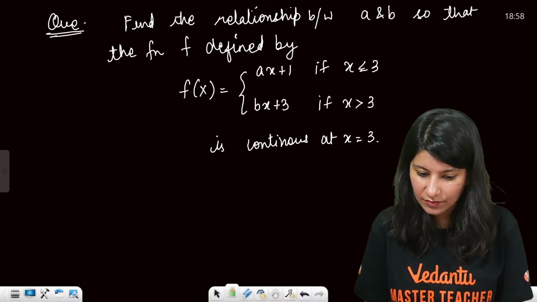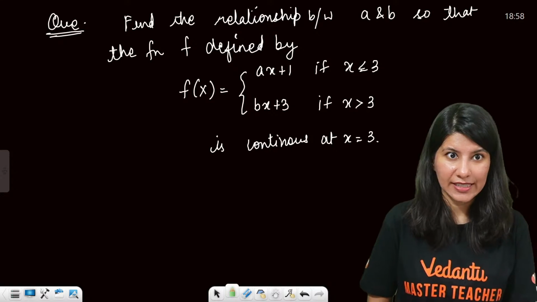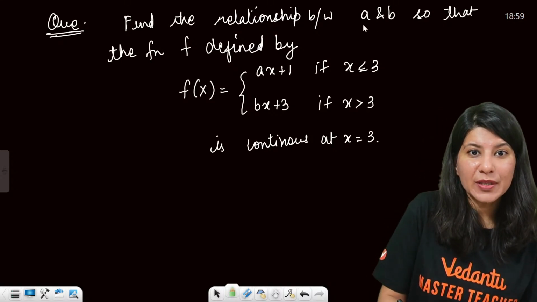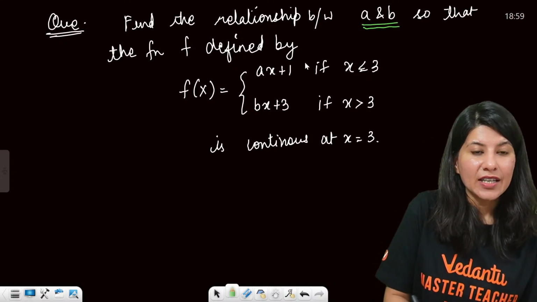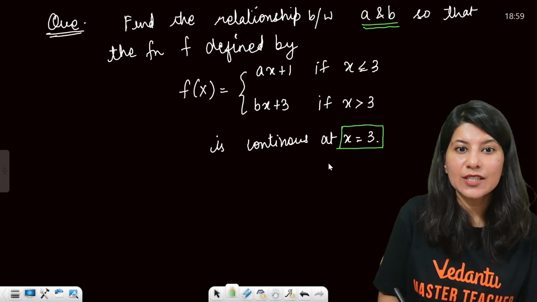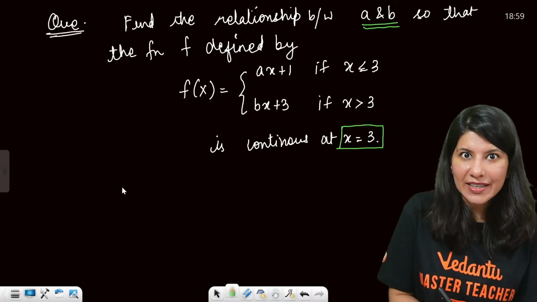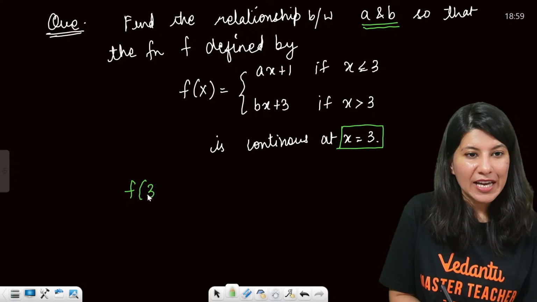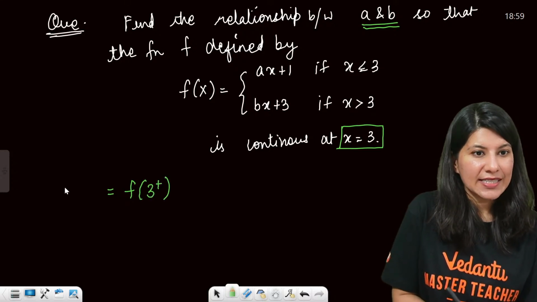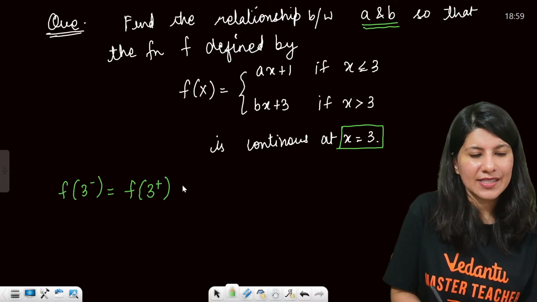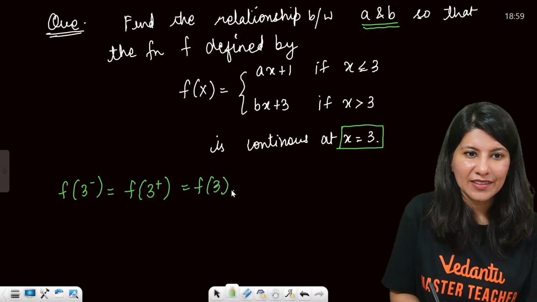Find the relationship between a and b so that the function is continuous at x equals 3. What does that mean? Let us apply the condition of continuity: f of 3 plus equals f of 3 minus equals f of 3.